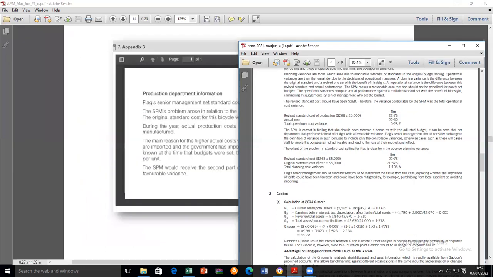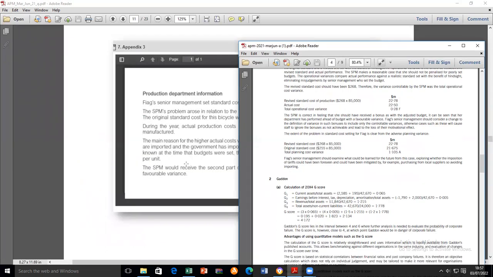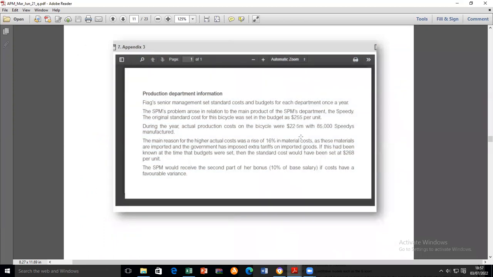Okay, let's just do a small reconciliation. 22.5, so the actual cost was 268.